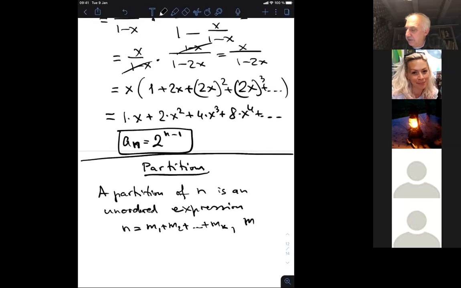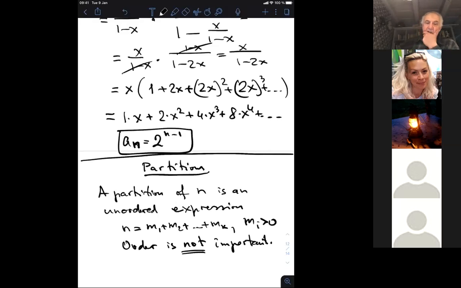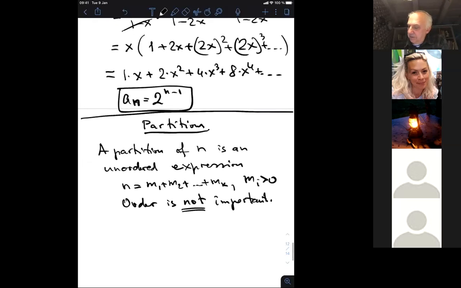All mi's are positive integers, and order is not important. So the notation, that's a standard classical notation, P_n is the number of partitions of n.